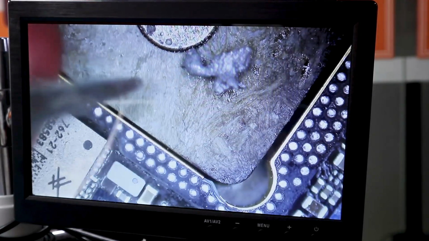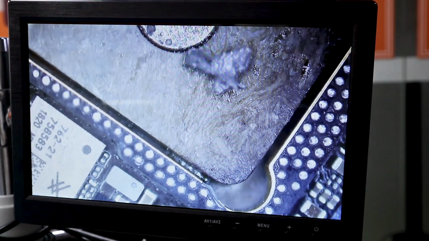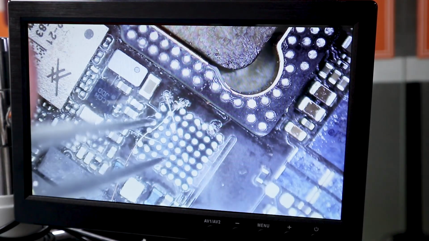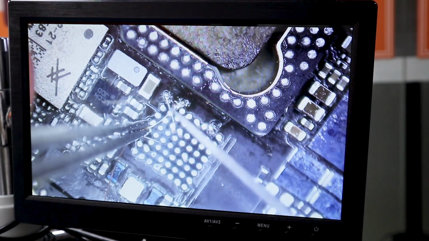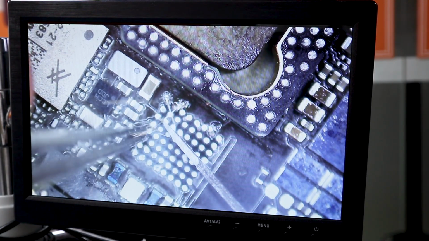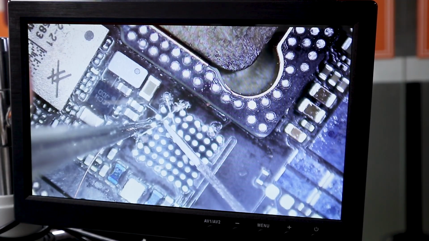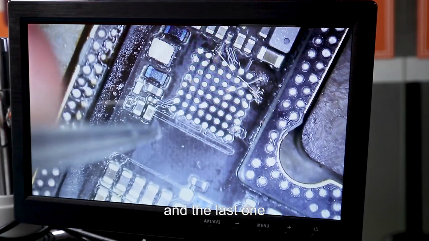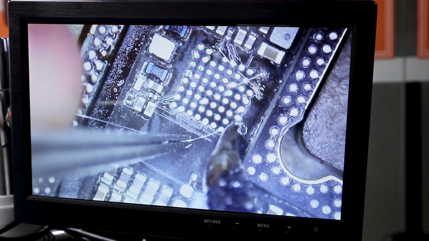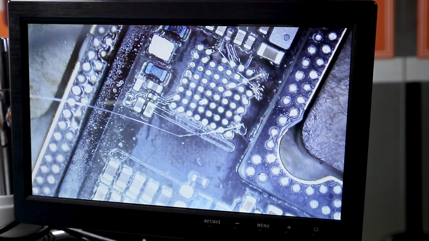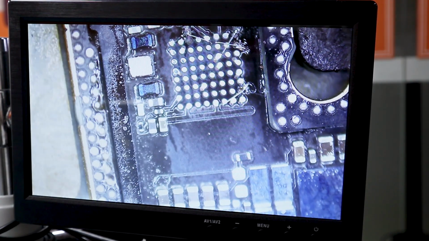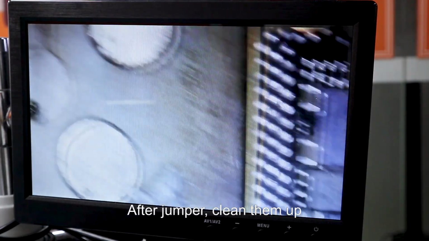The third one. And the last one. After jumper, clean them up.